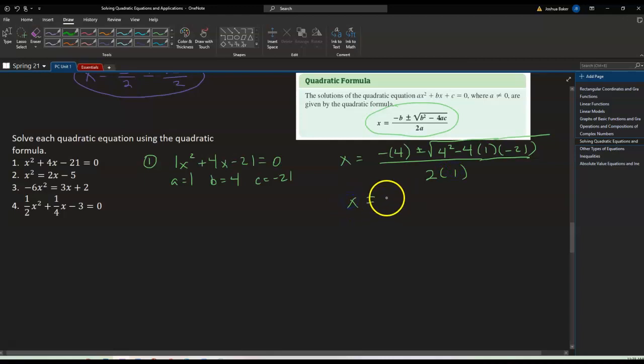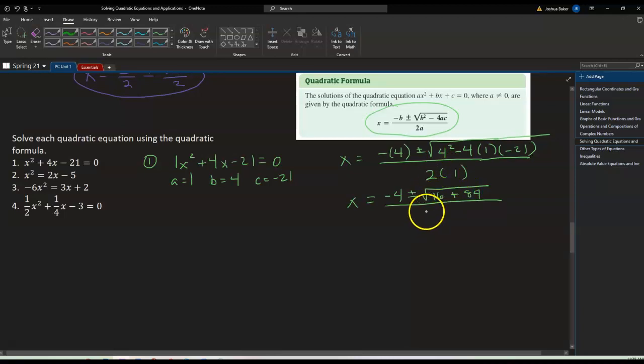So the opposite of 4 is a negative 4. If I square 4, I get a 16. If I multiply negative 4 times 1, I get a negative 4. And then negative 4 times 21 is going to be a positive 84.